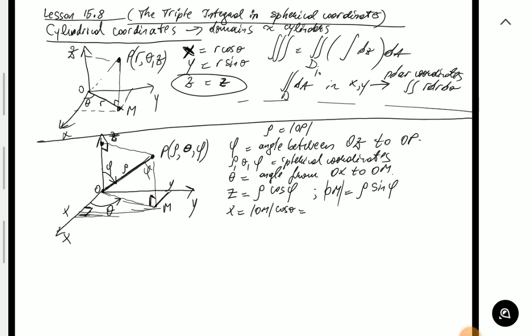But OM, like I said before, is rho sine of phi, so x is rho sine of phi cosine of theta. And then finally, the y coordinate is the hypotenuse OM sine of theta. And then altogether, rho sine of phi sine of theta. I know it doesn't look like we make things easier, but you'll see immediately with an example that things are indeed easier.